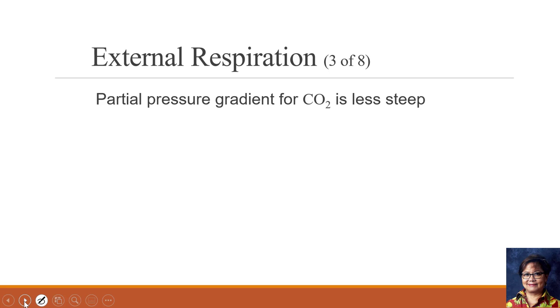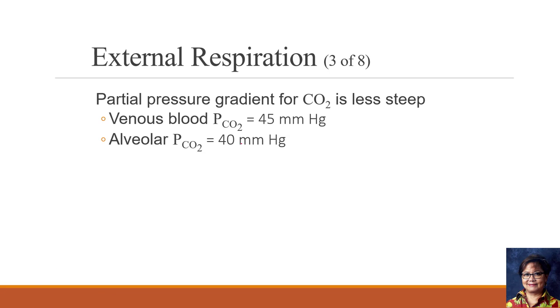So the partial pressure gradient for carbon dioxide is not really big. It's only about 5 millimeters of mercury, where your venous blood has 45. This is the high carbon dioxide level. When we pick up CO2 from the tissues, our CO2 level in blood is 45. But in the alveolus, it's only 40. So there is only 5 millimeters. So it's not really like gushing air as in the oxygen steep pressure.